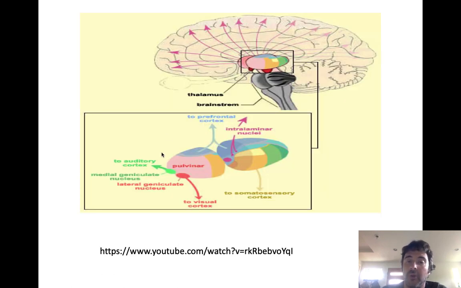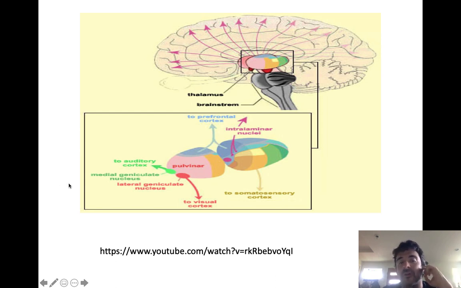Now, the thalamus is made up of a series of nine nuclei, none of which you have to know. But notice that the thalamus has outputs to every single region of the brain. What essentially happens is, let's say you have information coming from your inner ear, what we think of as being sound.